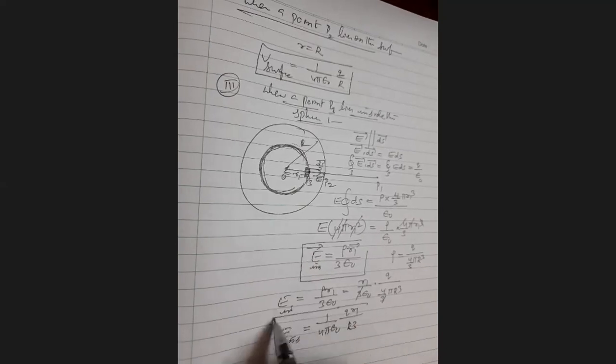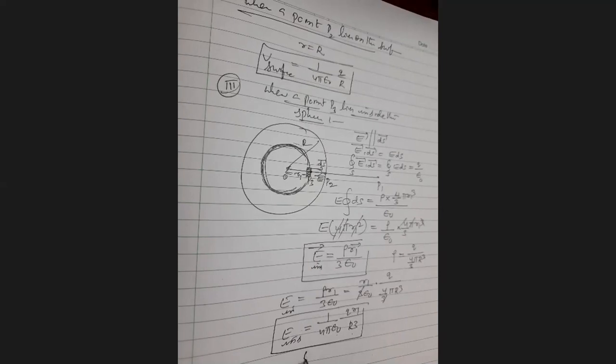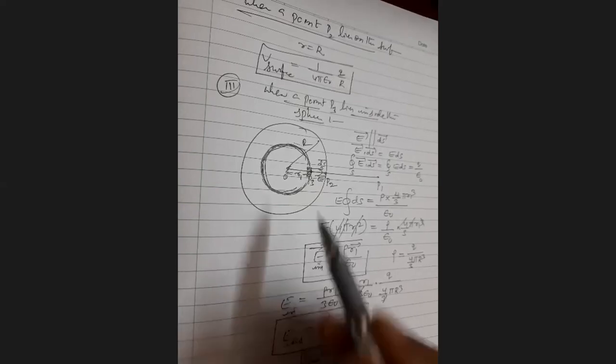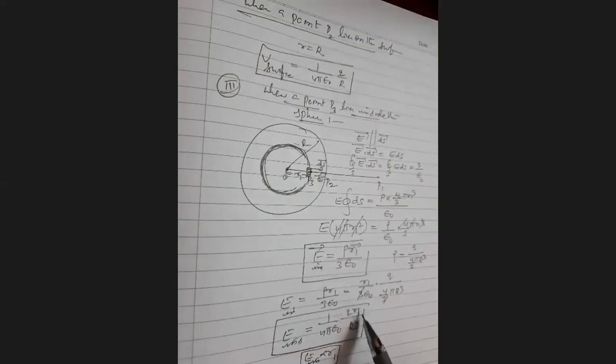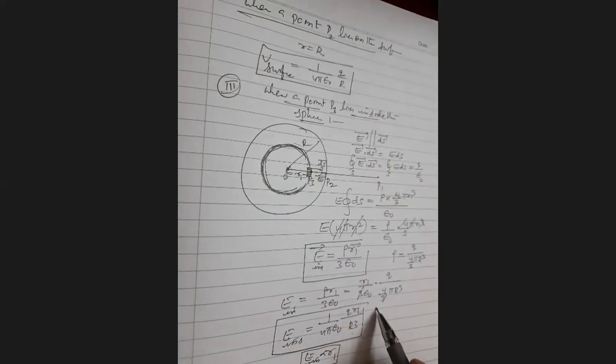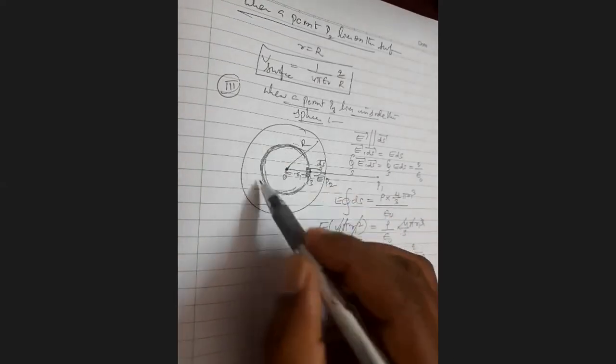If you observe this formula, it is very clear that capital R, Q, epsilon are all constants. Here, E inside is directly proportional to R1. So at the center, R1 equals 0. When we consider the point P at the center, R1 equals 0, then E equals 0. Therefore, the field strength at the center of a uniformly charged non-conducting sphere equals 0.